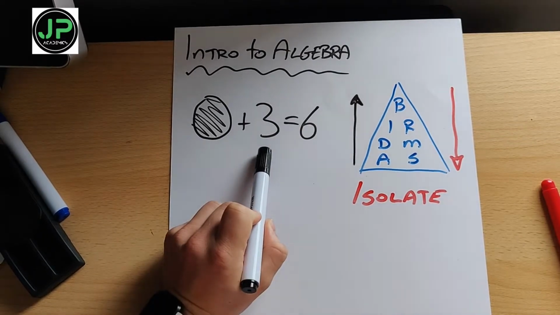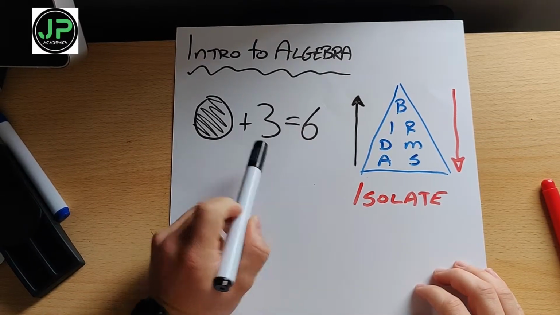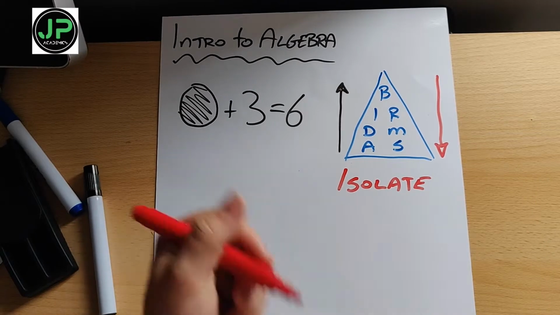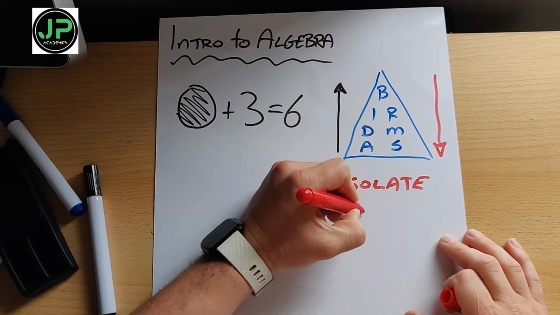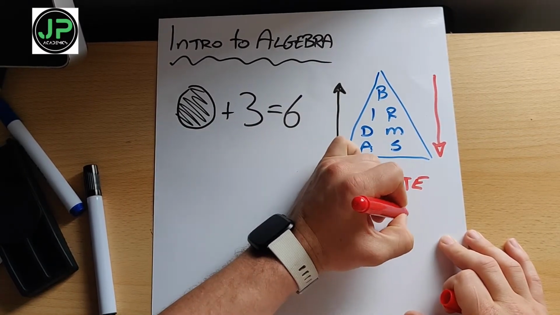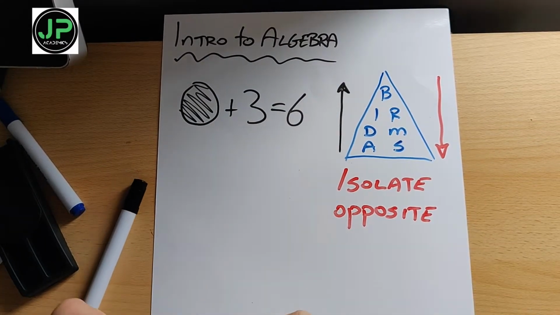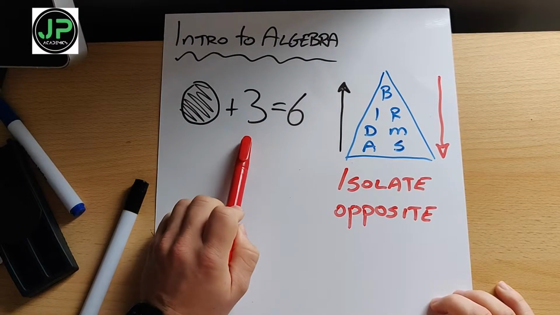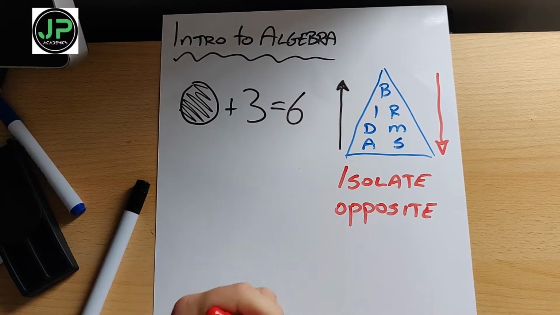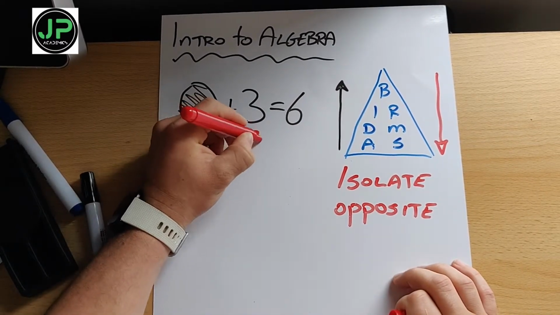It needs to come away from it altogether. And how you do that is by using the opposite. Okay, the opposite. So, what is the opposite of plus 3? We know the opposite of plus 3 is minus 3.